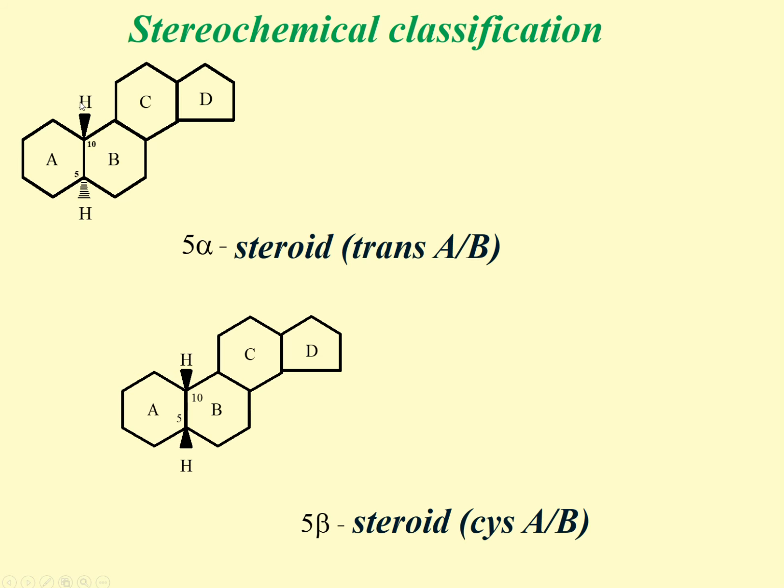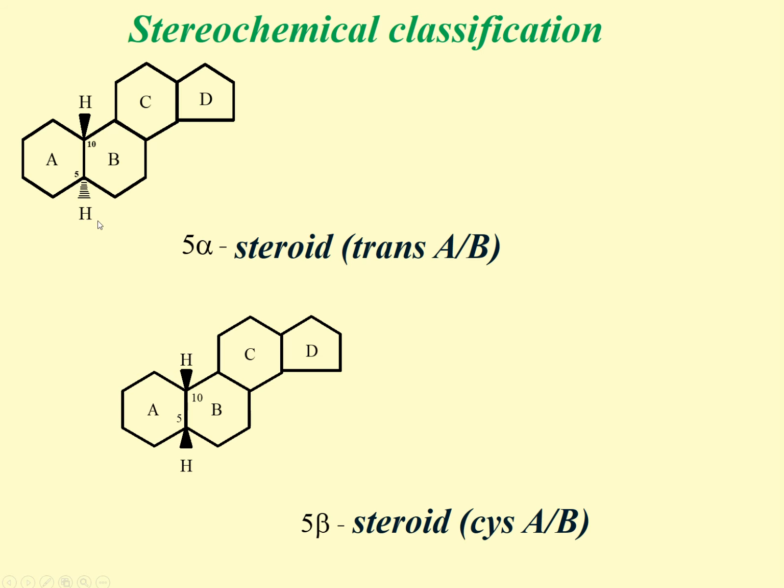If a substituent, again including hydrogen in angular positions, is in front of the plane, we are speaking about the beta position. When a substituent is behind the plane, we're speaking about the alpha position. This position will be mandatory, mostly for the methyl group in steroids, but here you see the hydrogen.